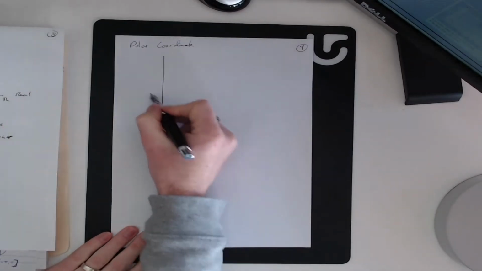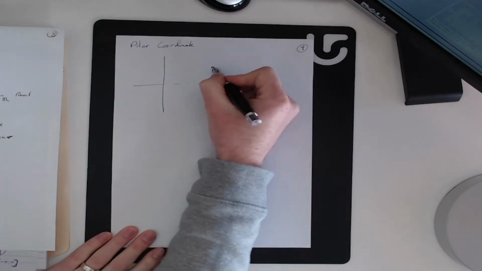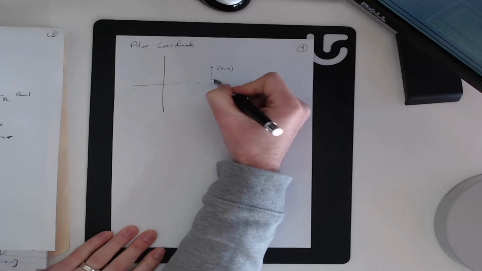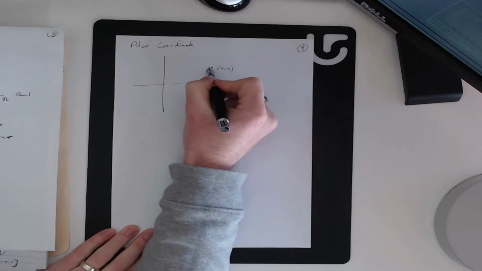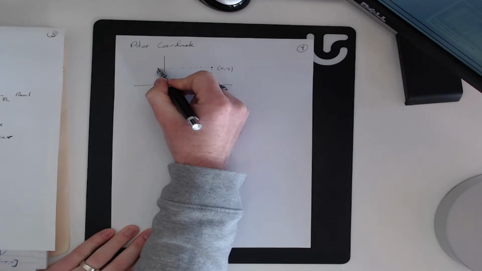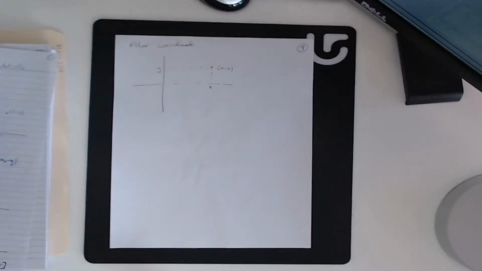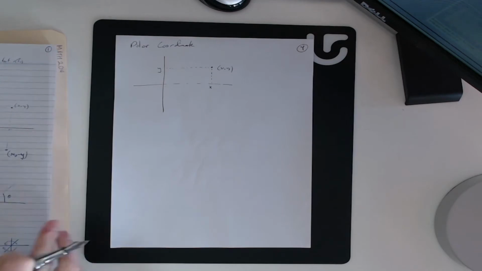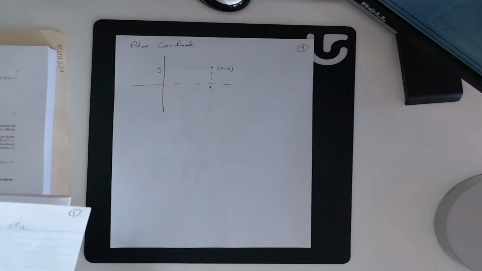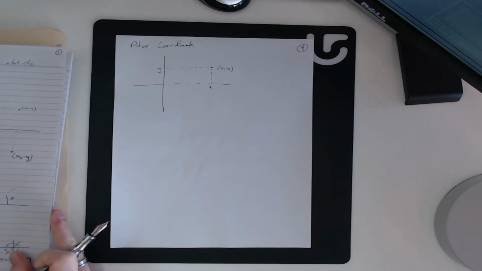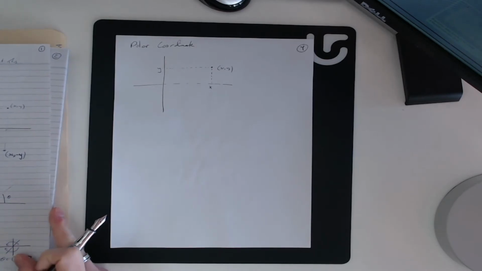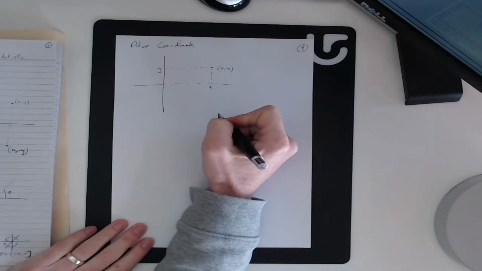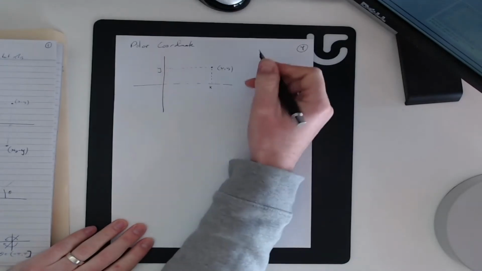So we have some point (x, y). So, polar coordinates.